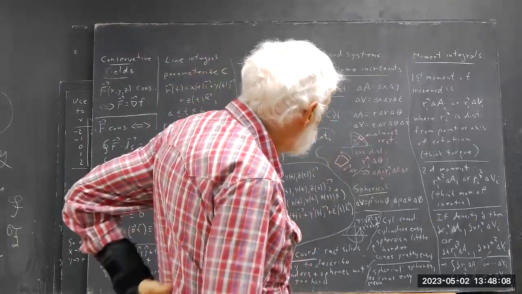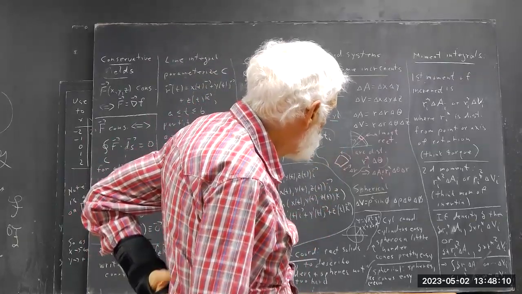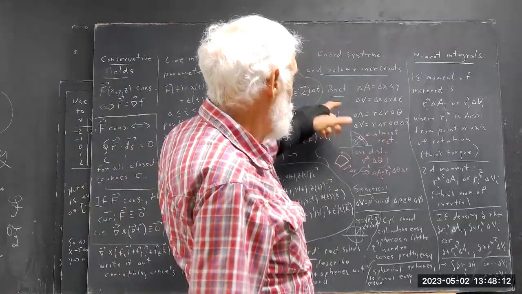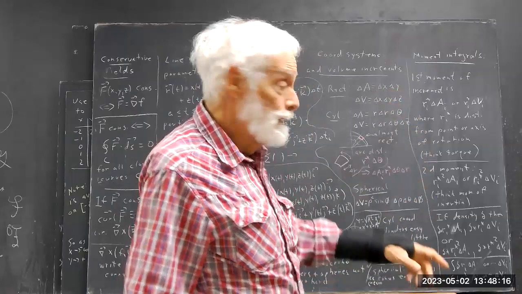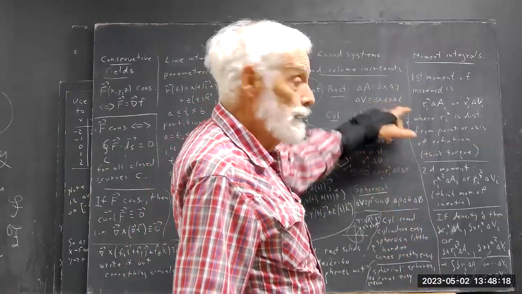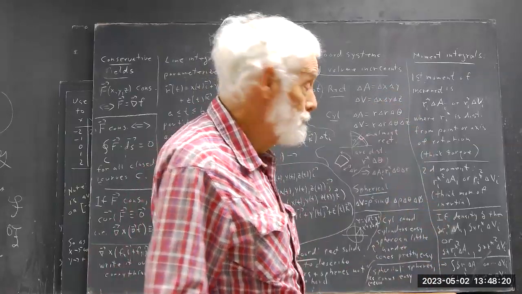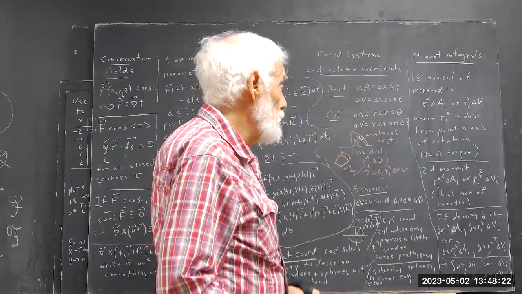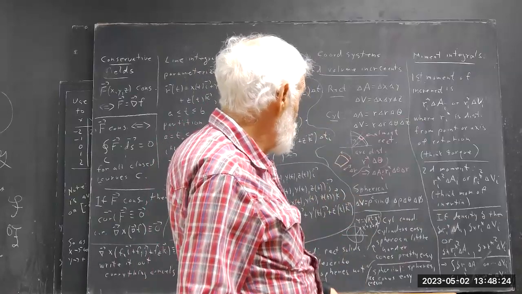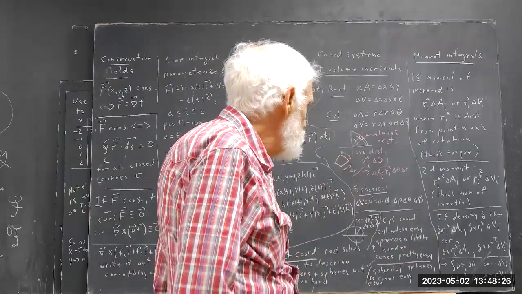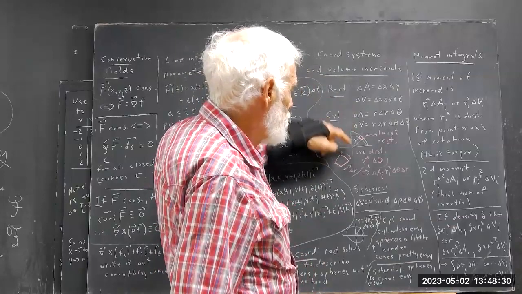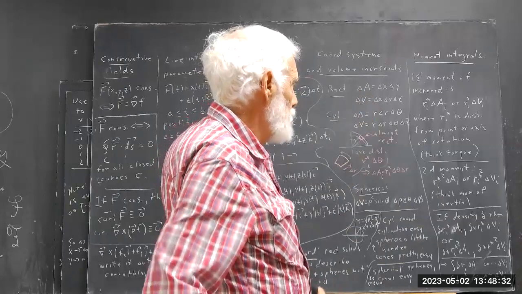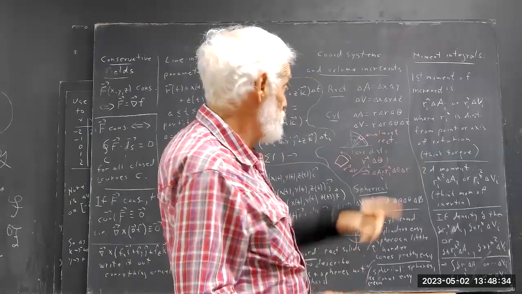Coordinate systems. You have your coordinate systems and your volume increments. In rectangular coordinates, your area increment could be delta x delta y, and the volume increment would be delta x, delta y, delta z. Okay, cylindrical coordinates, just like polar coordinates. I've got this picture here to explain what happens to the cylinder.